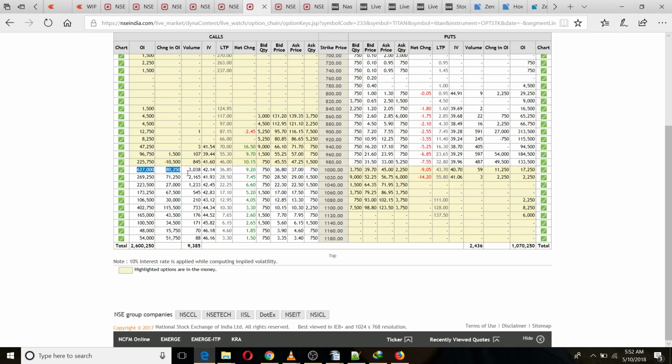So currently we see maximum at 1000, and maximum addition. If you see, this is 6 lakh, this is 4 lakh, but this is 80,000 here, and this is 1,15,000. So maximum addition happened here, but in totality we have maximum call writing at 1000. So possibly we might not see the 1000 level coming in Titan.